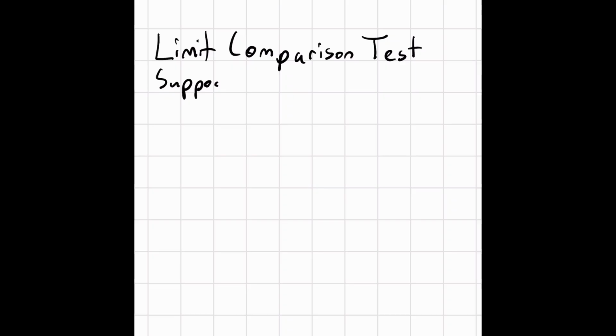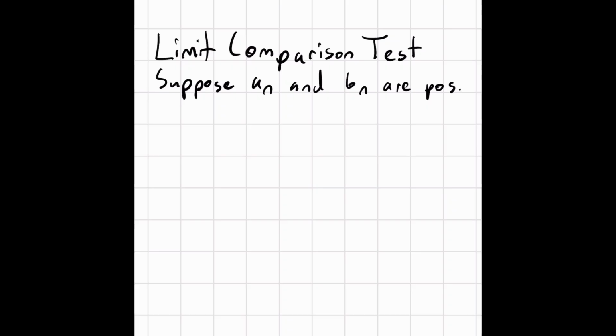Okay. Next we have what is called the limit comparison test. This one is actually really interesting. So suppose an and bn are positive.